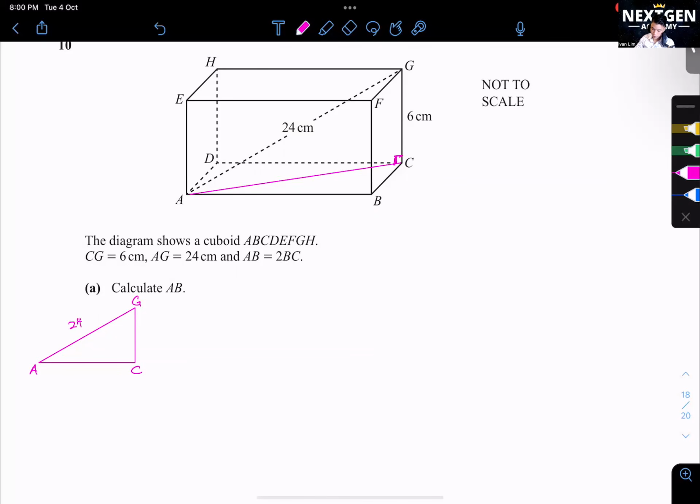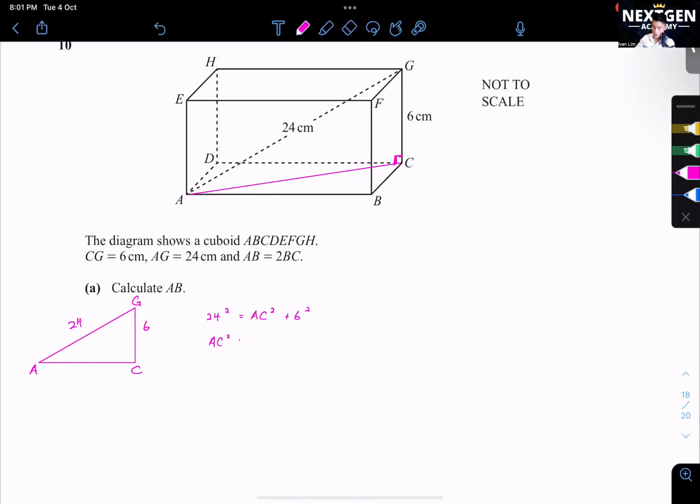This one 24, this one 6. So for me to find AC, I can just use Pythagoras theorem. So 24 square equals AC square plus 6 square. Go and solve this.